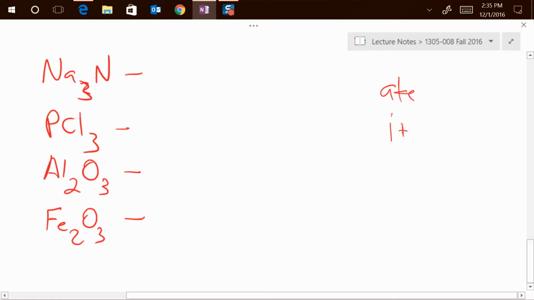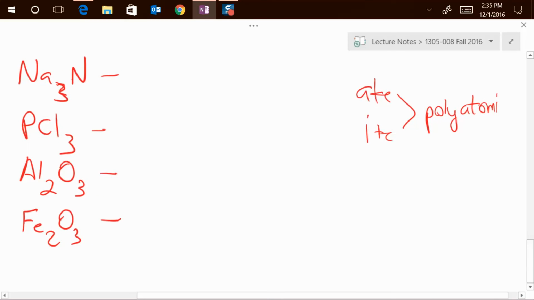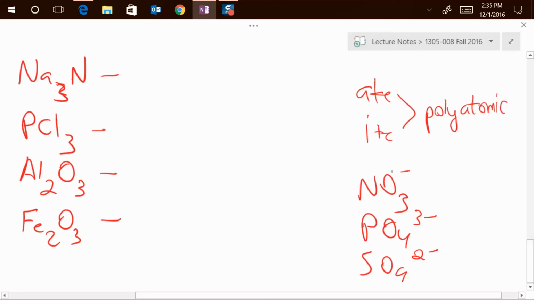Ate or ite means polyatomic. So nitrate is NO3. Phosphate is PO4. Sulfate is SO4. 2 minus, 2 minus, minus. That's what ate or ite means.